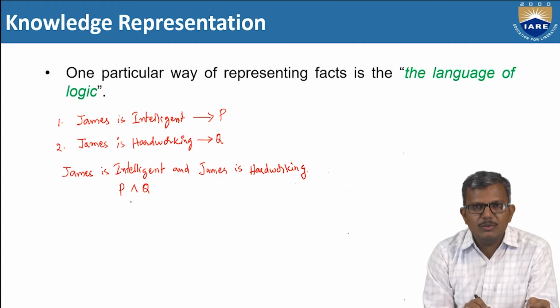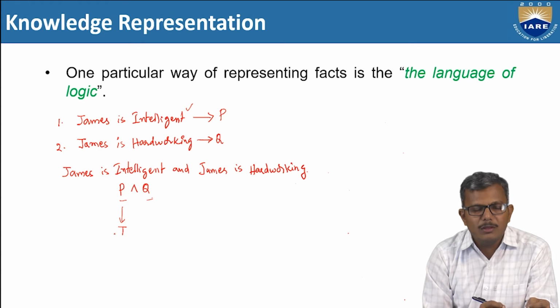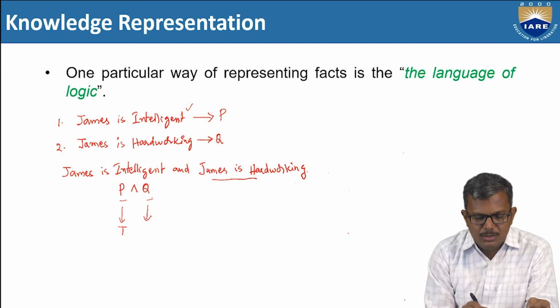Similarly, here I have represented these two sentences with variables. For P, James is intelligent, what you have represented in the knowledge base is James is intelligent, so it is true. In a similar way, Q, James is hardworking, is also true.